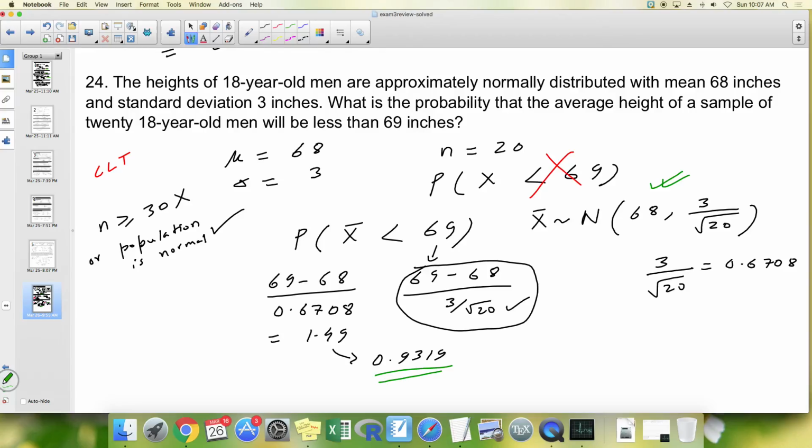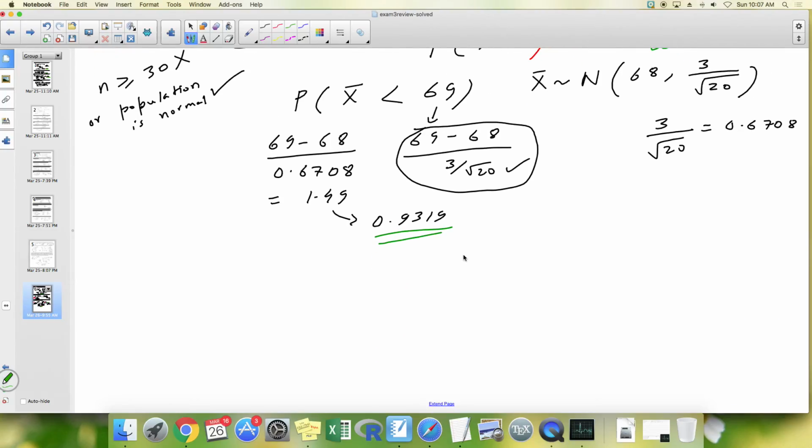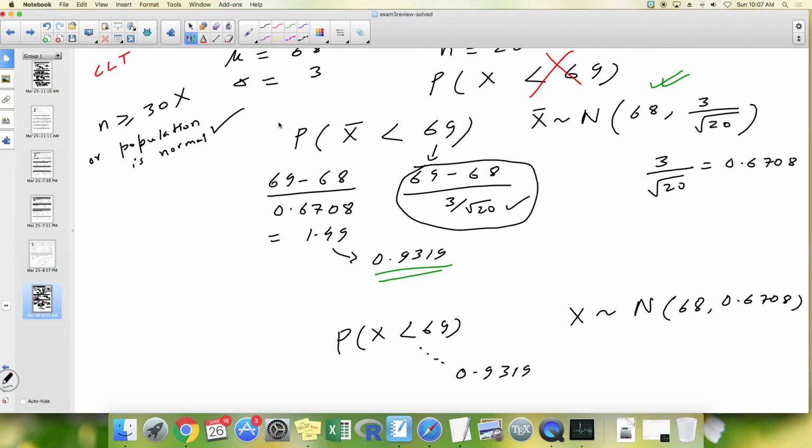What I'm trying to say is, if there was some problem where some x followed normal with mean 68 and standard deviation 0.6708, and I told you to find probability x less than 69, then your calculations would be the same and your answer would be 0.9319.